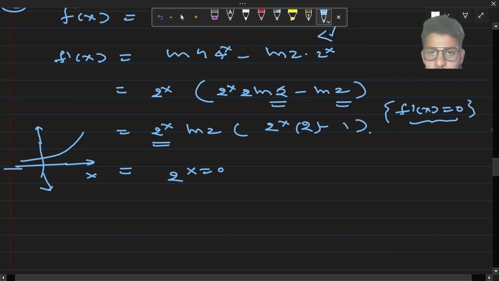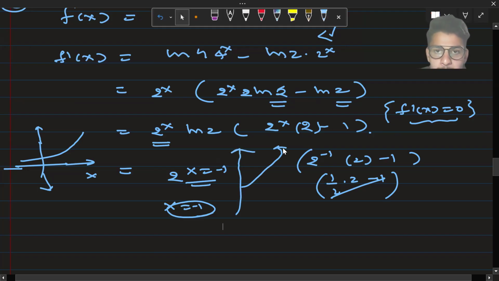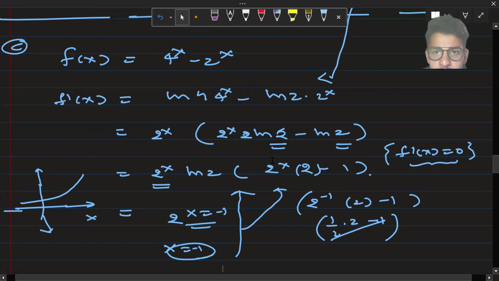No, it's at minus 1. When x becomes minus 1, you will see that 2 to the power minus 1 into 2 minus 1, 2 to the power minus 1 is 1 by 2, into 2 minus 1. So this will become 0. So at x equals minus 1, this function will become 0. Are you getting till here?